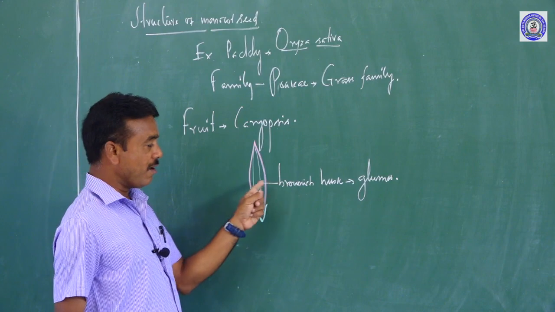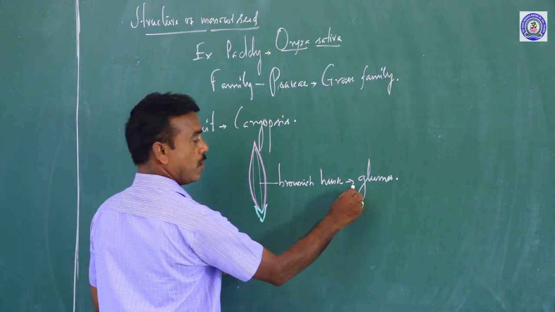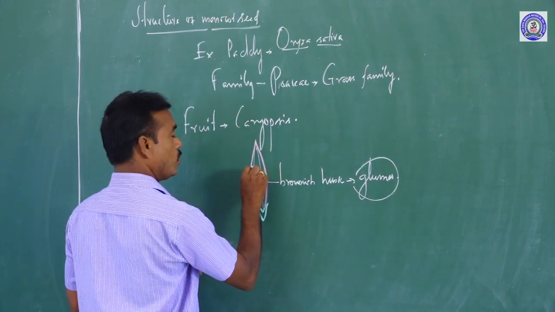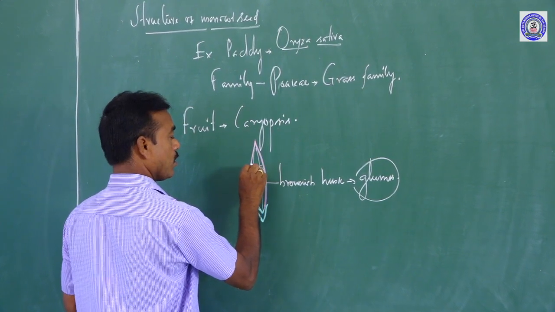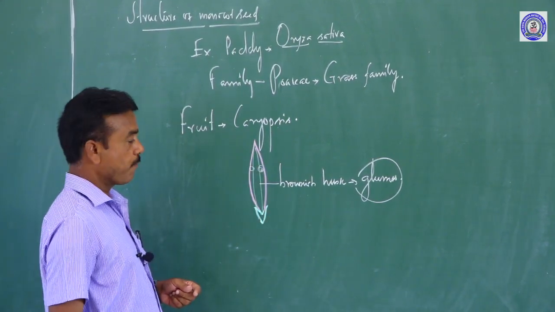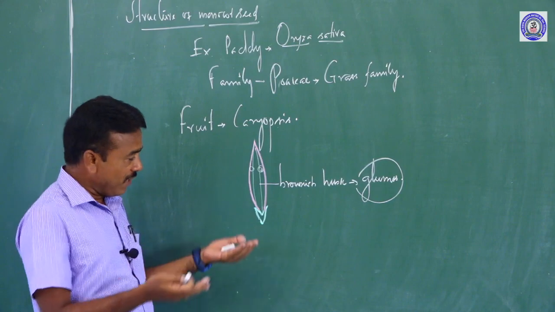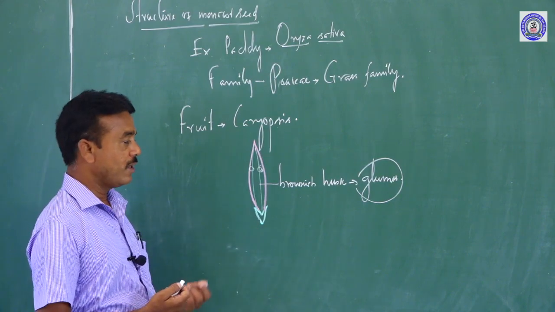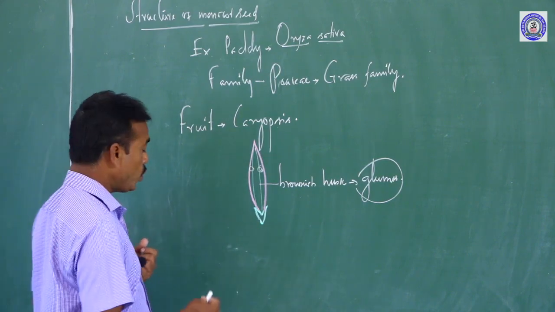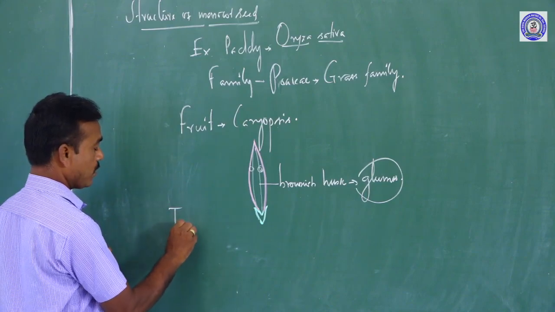In the structure of paddy, the glumes are arranged in two rows. If you take a section of paddy, it gives two unequal portions.